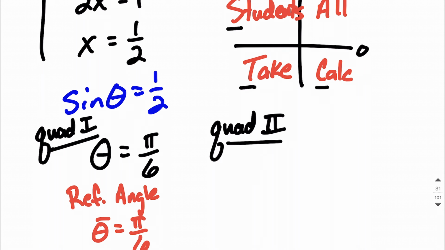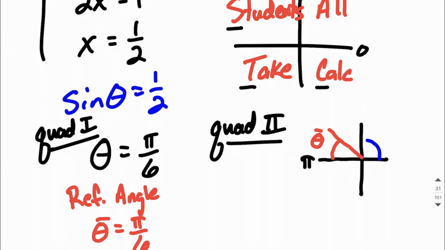Now to get an angle in the second quadrant, what I like to do is use that reference angle and draw it to the x-axis. So we're going to start with pi, the x-axis, going that far around, and we're going to use our reference angle in here to back up from pi to get an angle in the second quadrant.